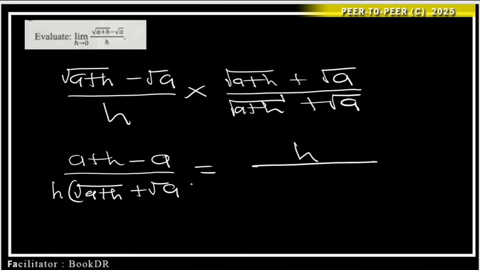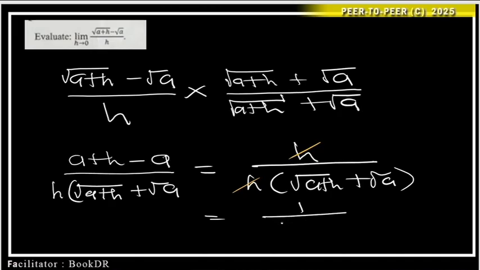We'll have h into bracket the square root of a plus h plus root a. The h can cancel out, and the expression we're left with is 1 on the square root of a plus h plus the square root of a.